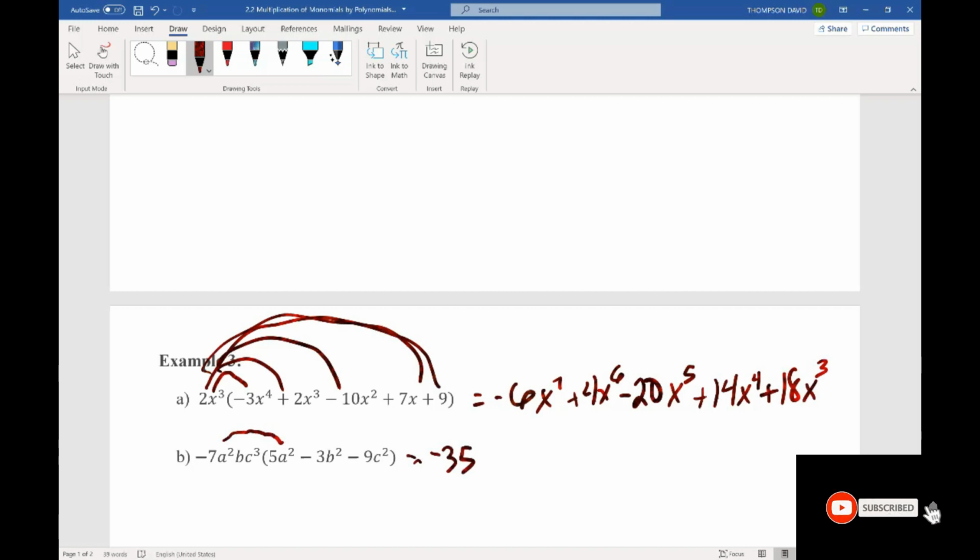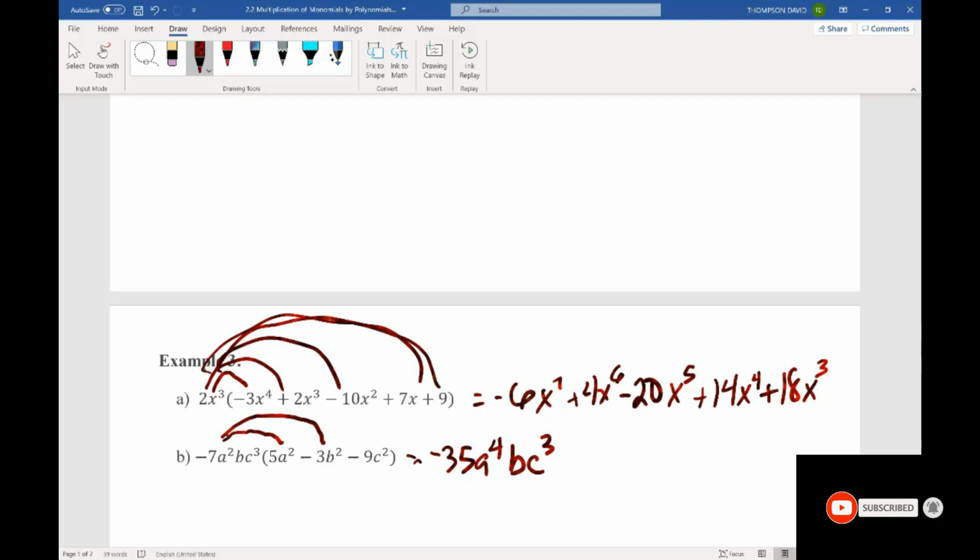A squared times a squared will be 2 plus 2 will be 4, so a to the 4th. And we still have to write this bc cubed, so it's going to be -35 a to the 4th bc to the 3rd.